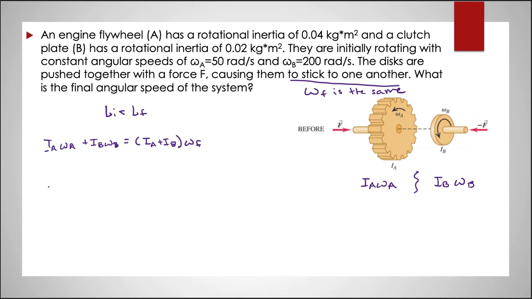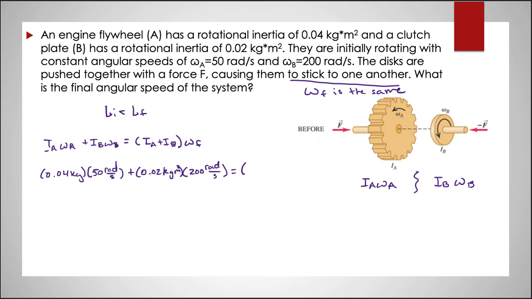So what we can do here is substitute in our numbers. IA is going to be 0.04 kilograms, omega A is going to be 50 rads per second, plus IB, which is going to be 0.02 kilogram meter squared, it's a moment of inertia, times 200 rads per second for this guy.